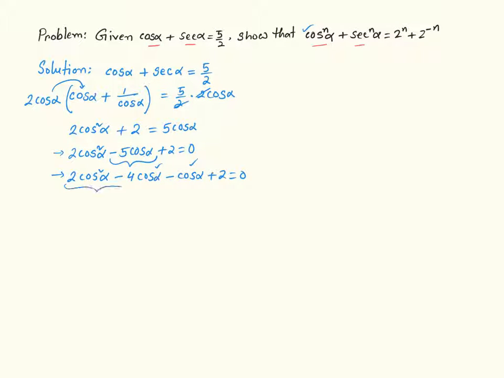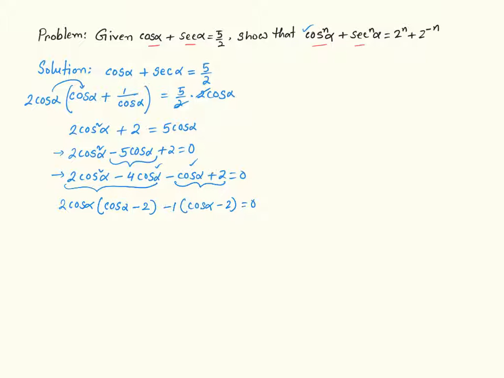Now between the first two, I could factor out 2 cosine alpha. If I factor that out, I'm going to be left with cosine alpha minus 2. And between these two, if I factor out a negative 1, I'm going to get cosine alpha minus 2. That's equal to 0.